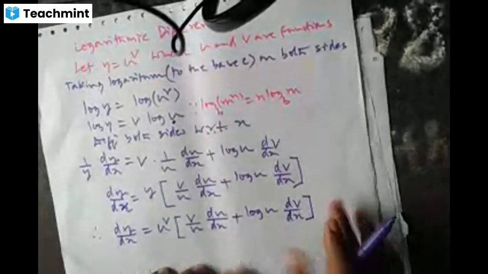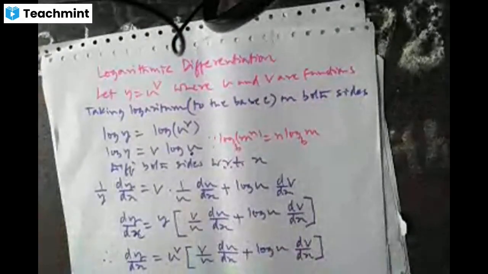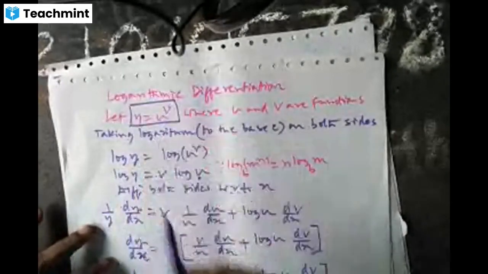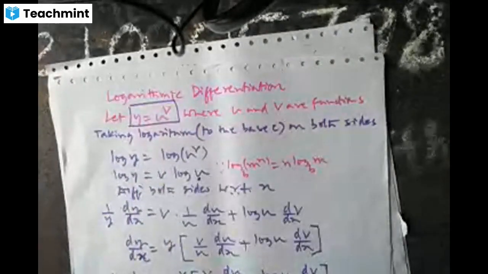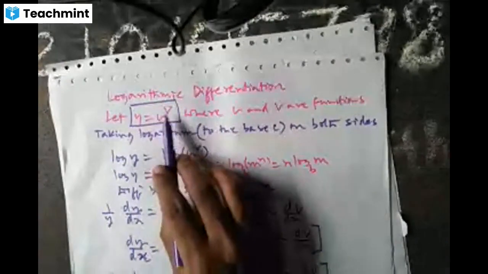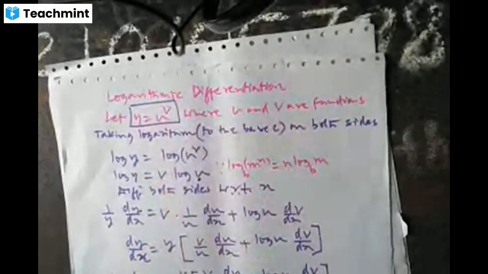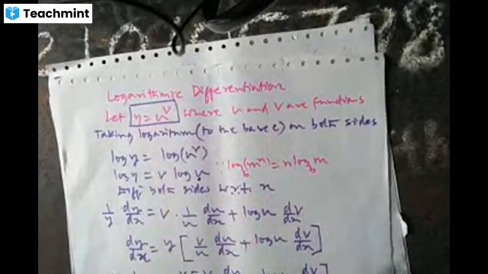Okay. So we have to use logarithmic differentiation whenever the given function is of the form u per v, where u and v are functions of x. Whenever both power as well as base are functions of x, then we have to use logarithmic differentiation.